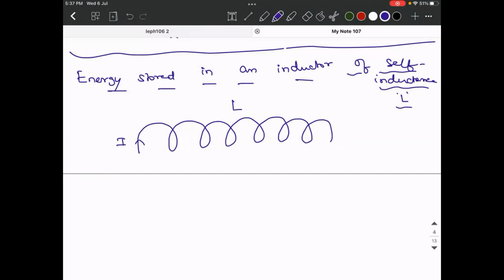Now I want you to revisit and tell me the relation between EMF and inductance. L is equal to E divided by di by dt in magnitude, because generally, without magnitude, E is equal to minus L into di by dt.